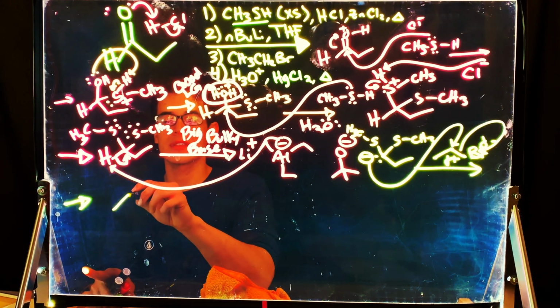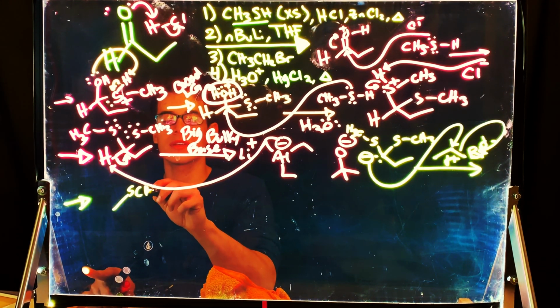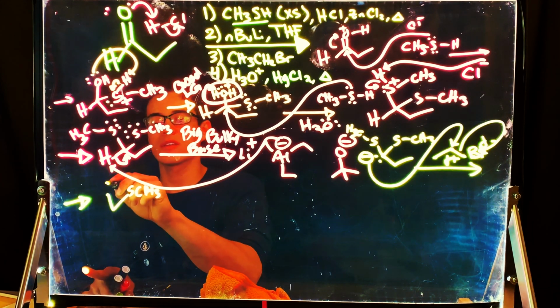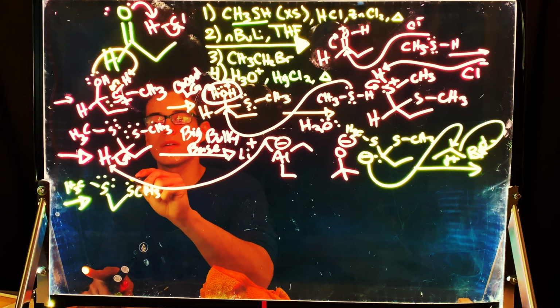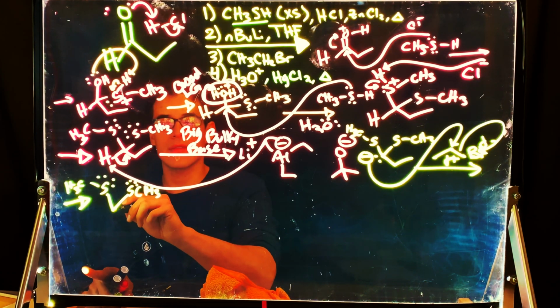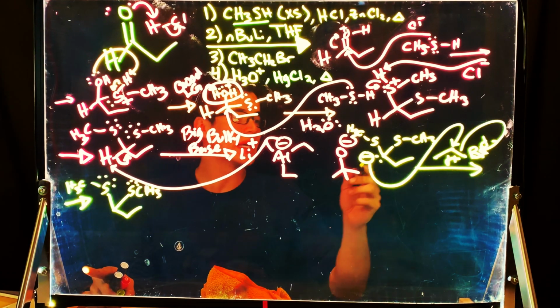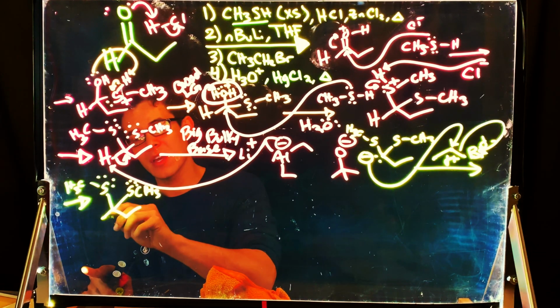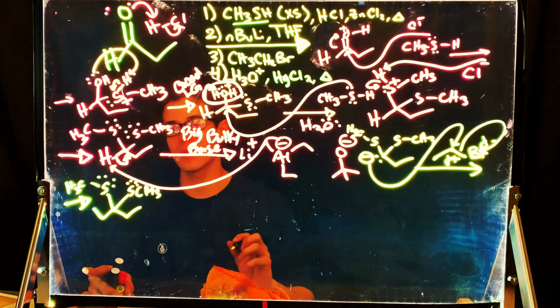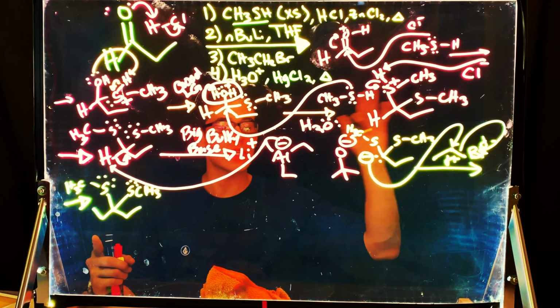Well, it's going to give us our SCH3. Here's our SCH3. And we have our ethyl group. Now we have a new ethyl group, right? We have 1, 2 carbons. We have carbon number 1, carbon number 2. That's great. So that'd be our left.